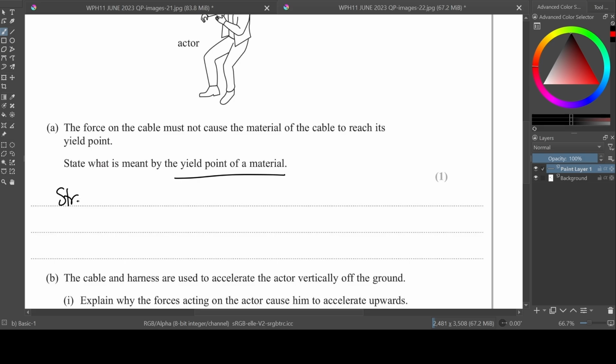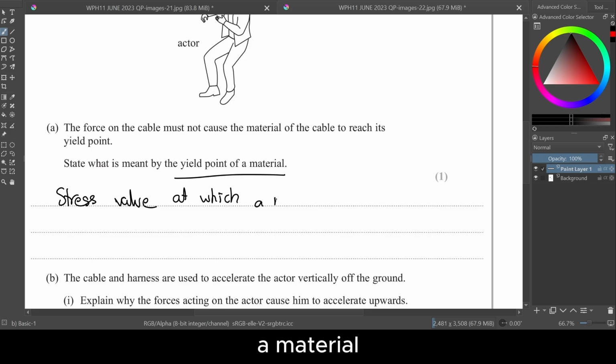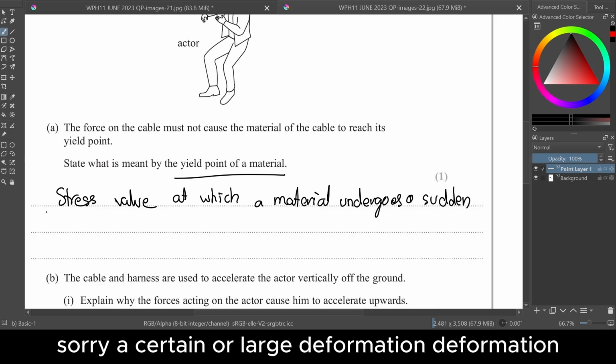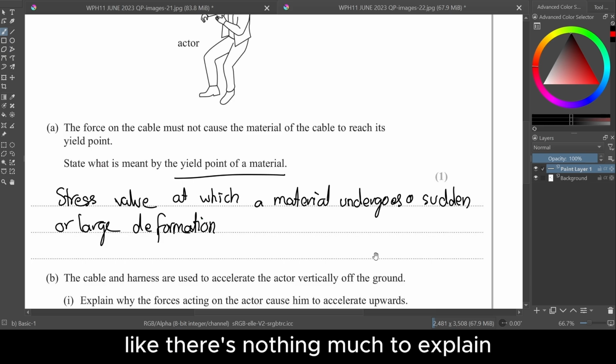That the stress value, even you can write strain value, any of those values, when it reaches the stress value at which a material undergoes a certain, sorry, a certain or large deformation. It's like nothing new, nothing much to explain.